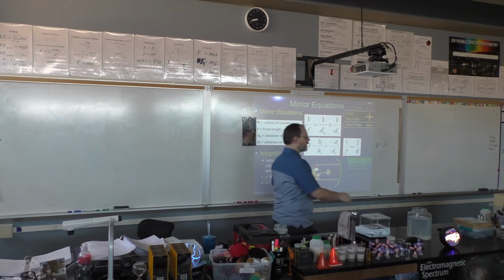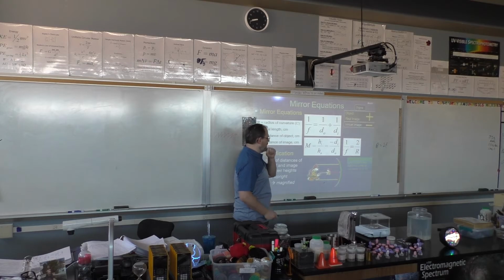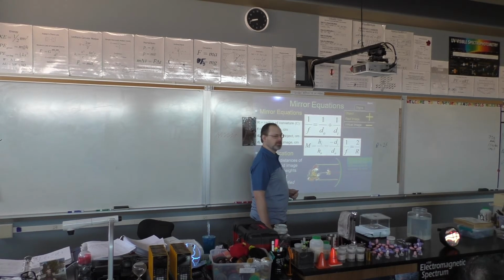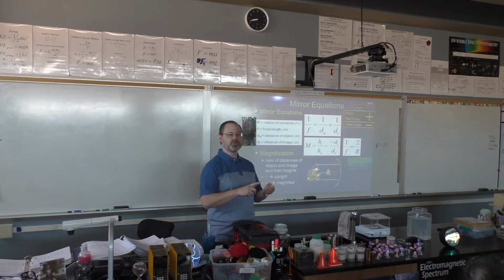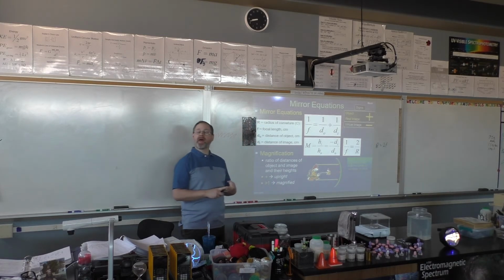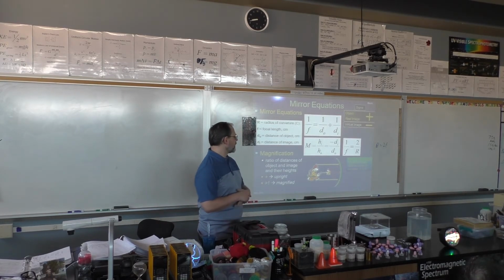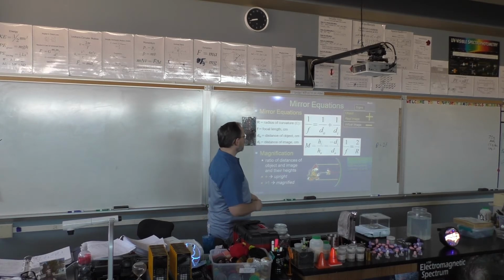So, let's go ahead and label our little diagram. Where would you put DI? Copy this little diagram and then predict where you would put DI, where you would put DO, where you would put F, and what you would use to find M. Not yet.